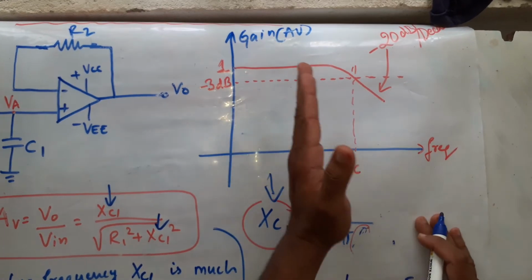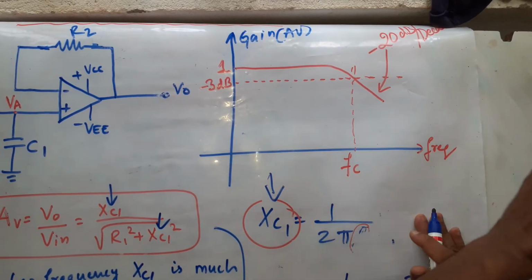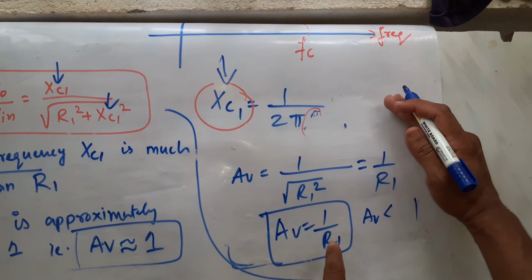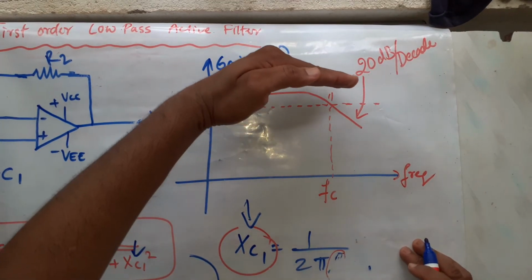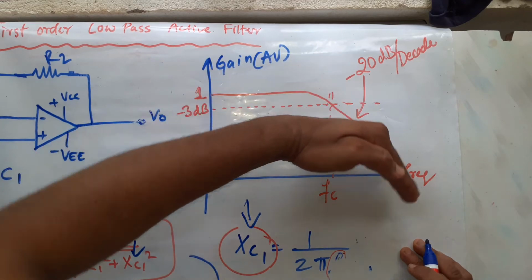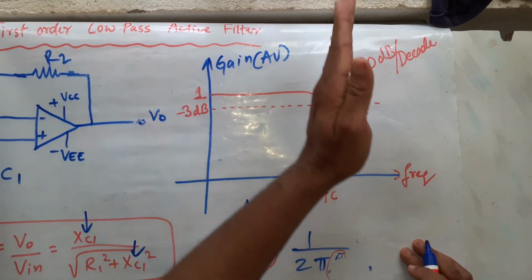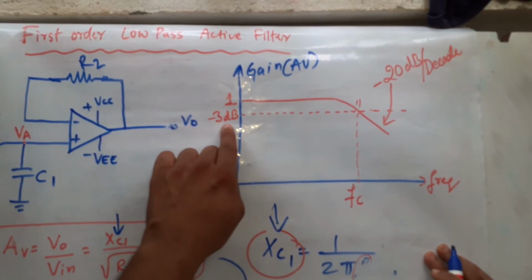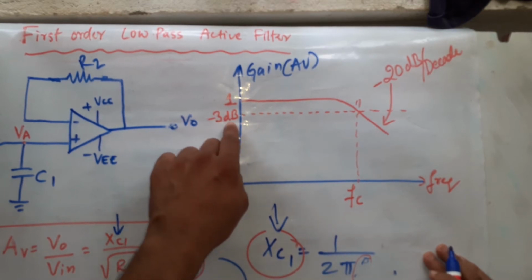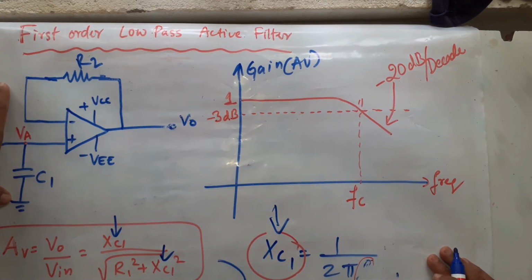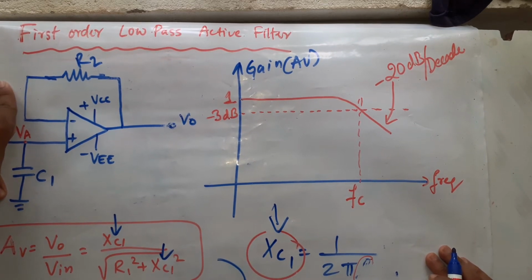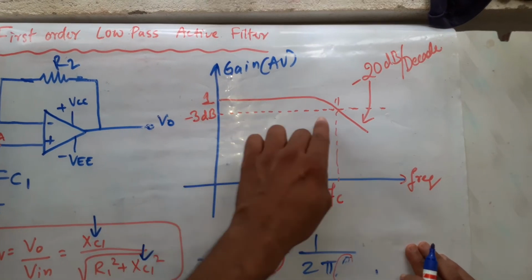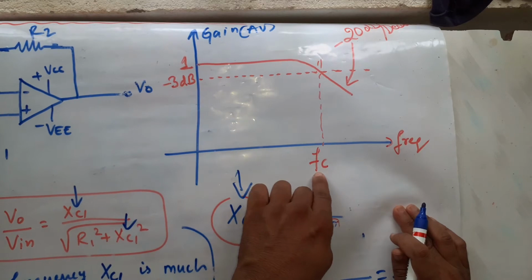As you progress further in the frequency, as frequency increases, XC1 decreases, and your gain formula becomes AV equal to 1 over R1, because of which, instead of gain remaining at 1, gain starts falling down. So your filtering will take place here, and when your fall reaches minus 3 dB, we also call it half power output. At half power output, the gain is minus 3 dB, and where it cuts your gain is called the cutoff frequency.